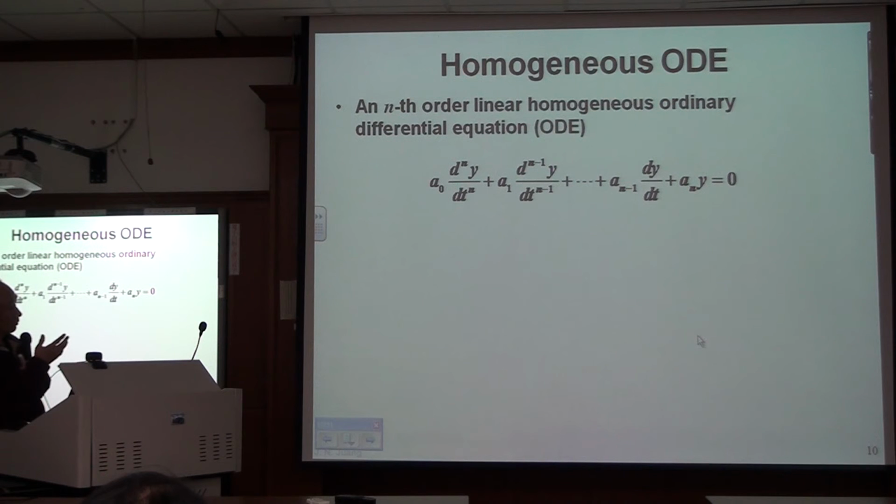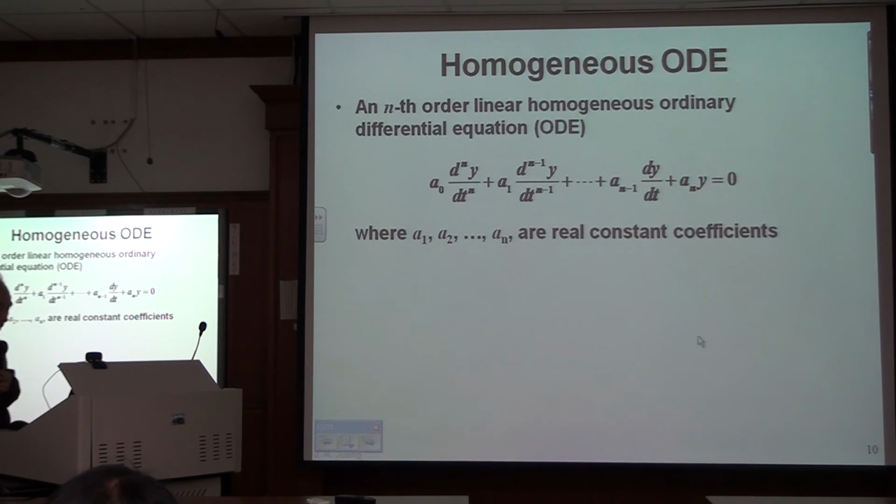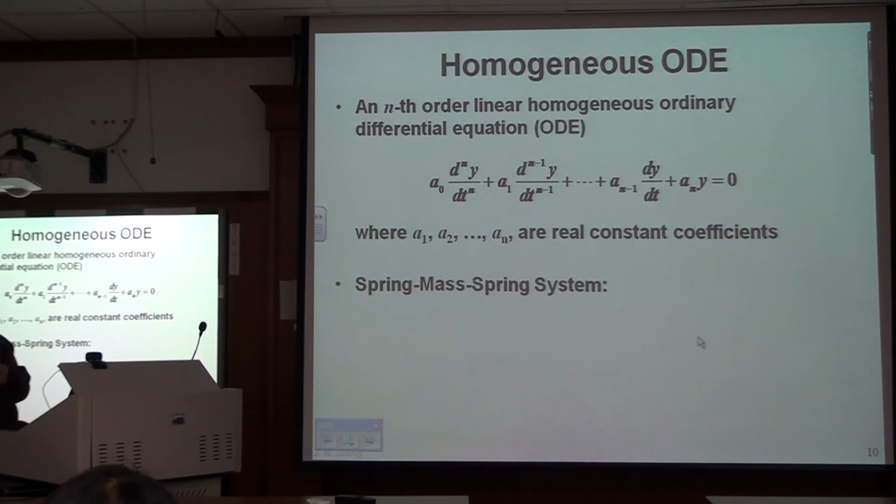But let me just refresh your memory about this, so that you know what I'm talking about. All right, I assume these are all real constant matrices. I will focus on some explanations of the differential equation with the real system.